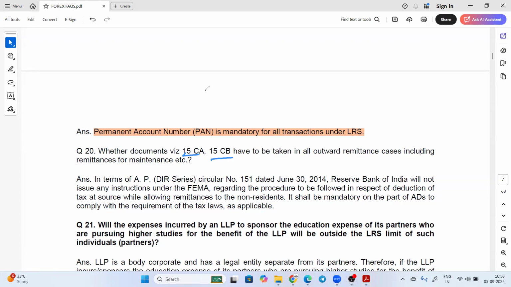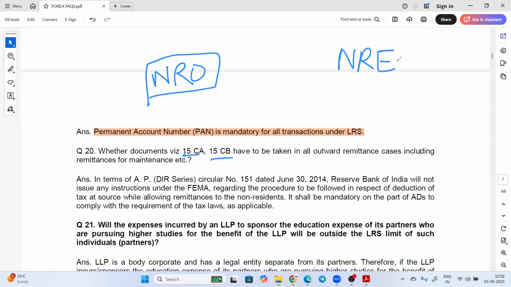So when we are using Form 15 CA/CB, always remember whenever you are making any transaction through an NRO account. Because NRE account is which account? In which already the fund has come from abroad. So whatever the money is there, principal amount and interest amount, that is freely repatriable abroad.